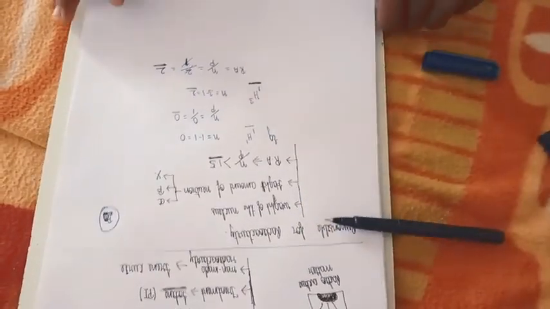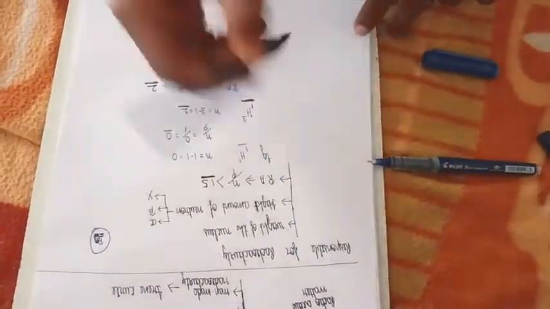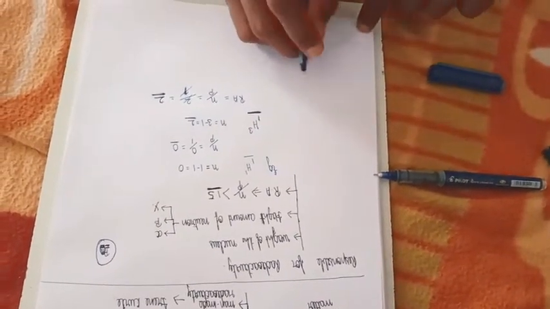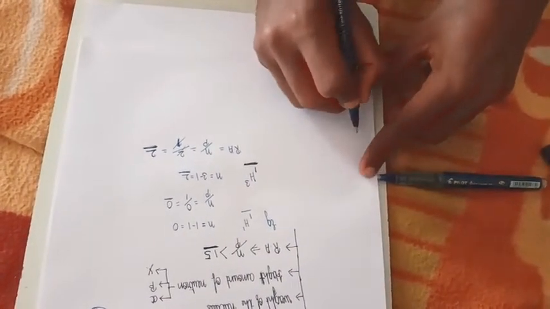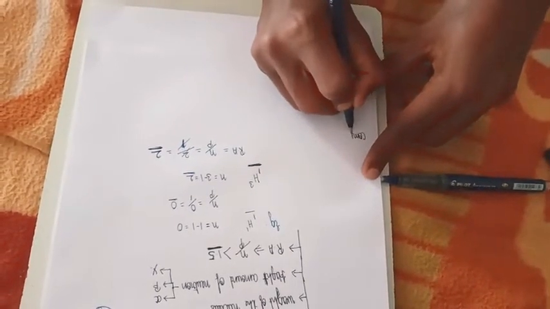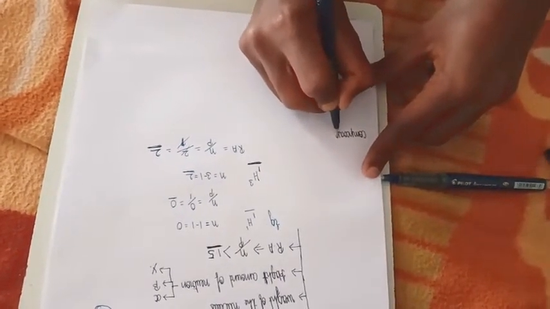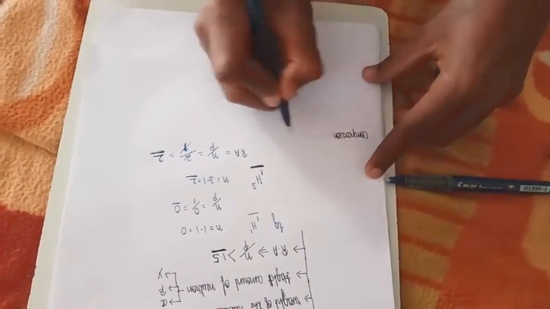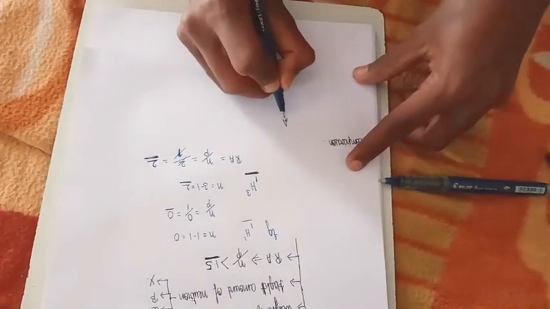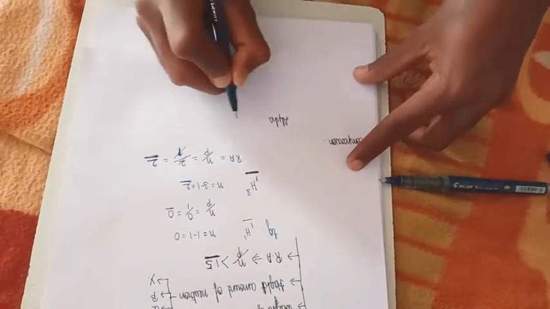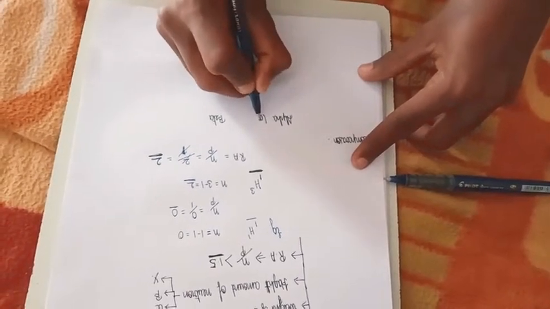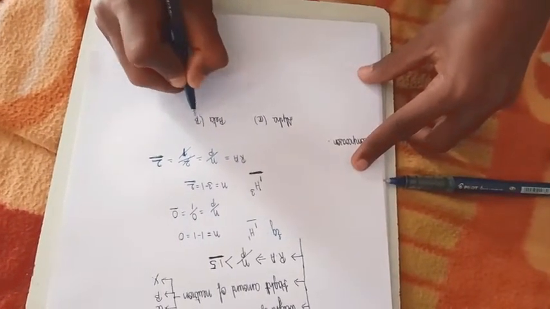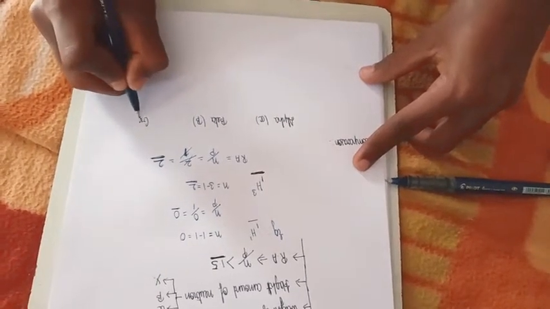Let's take a comparison of alpha, beta and gamma rays. Alpha, beta, and the third one is gamma.